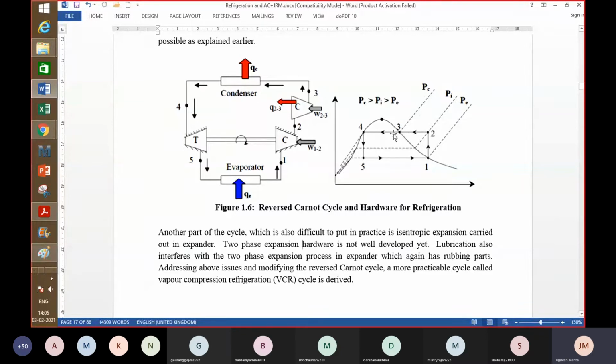But in that process, this sensible cooling has to occur first, that is called desuperheating, and then only condensation will occur.